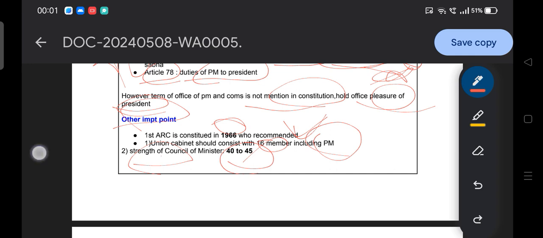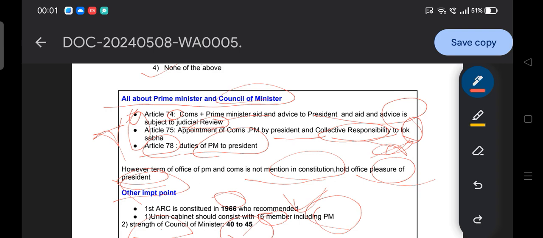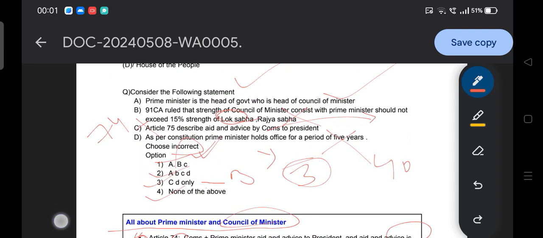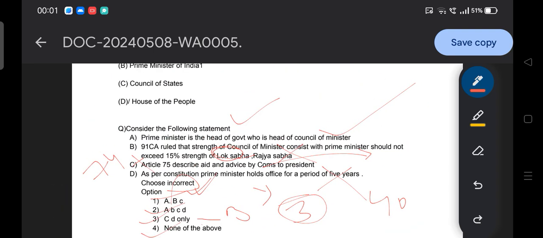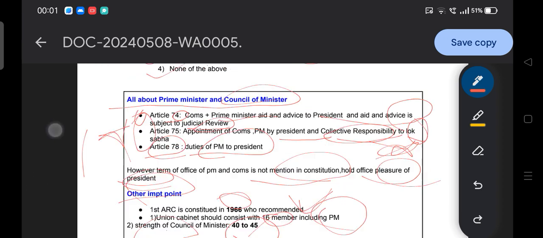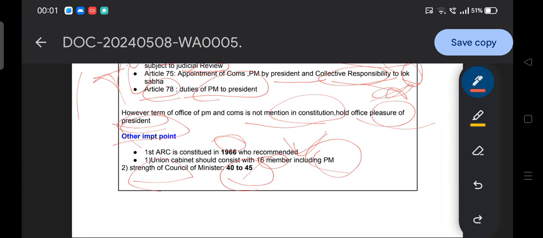As we have discussed under the 91st Constitutional Amendment Act, the strength of the council of ministers should not exceed 15% of the Lok Sabha. Similarly, we need to remember that the ARC recommended that the union cabinet should consist of 16 including the PM.